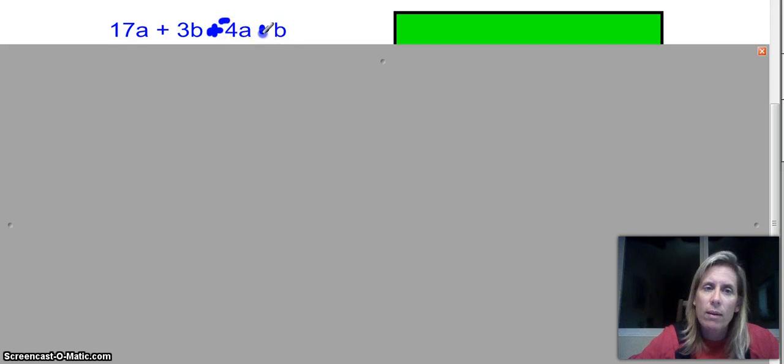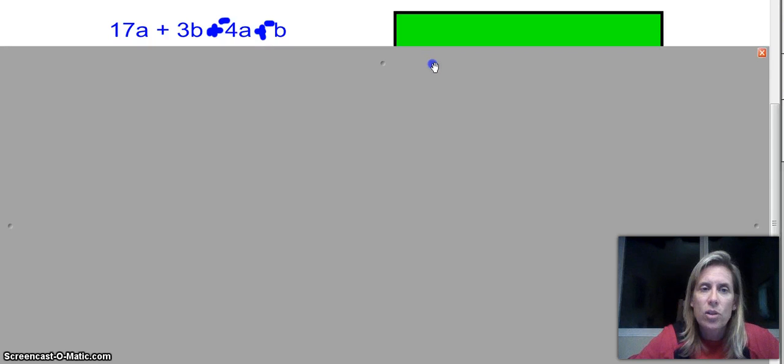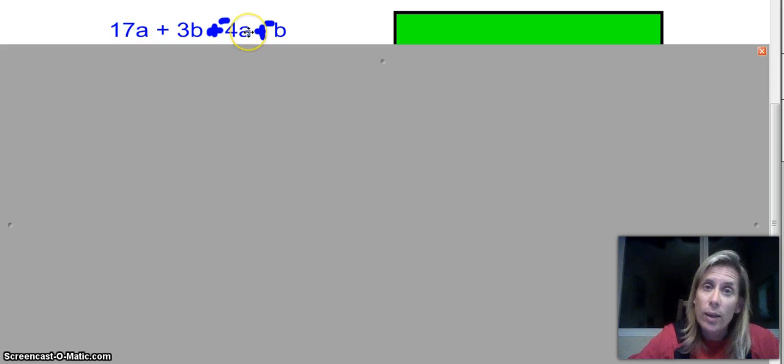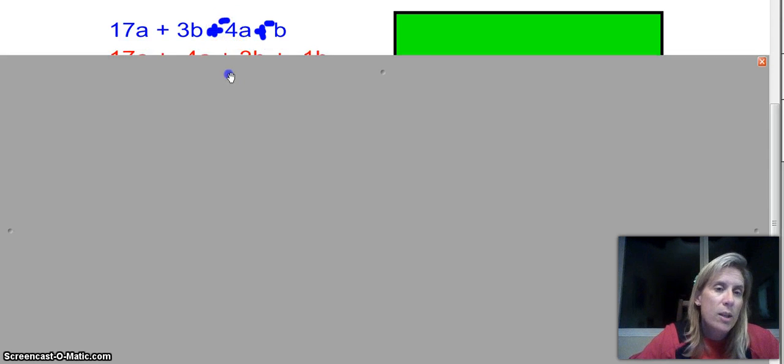So when we do that, we're sure to carry our signs with us if we happen to move the terms, right? So that's our first little hint, is change your subtraction to addition of the opposite. Now we can move our like terms next to one another. Using which property of addition? Good, the commutative. So 17a would like to be closer to -4a, so we move that over.